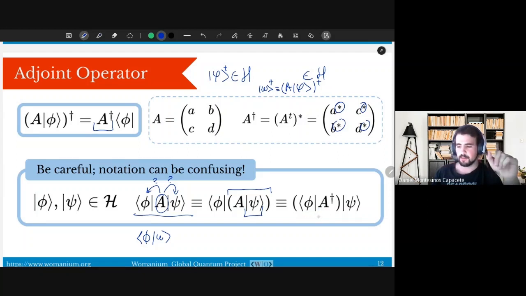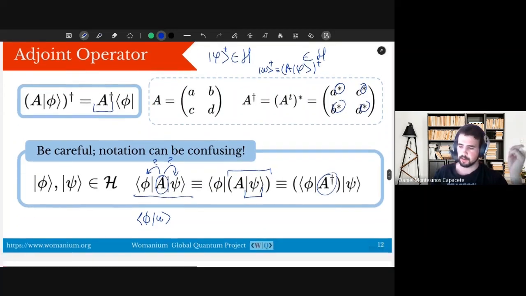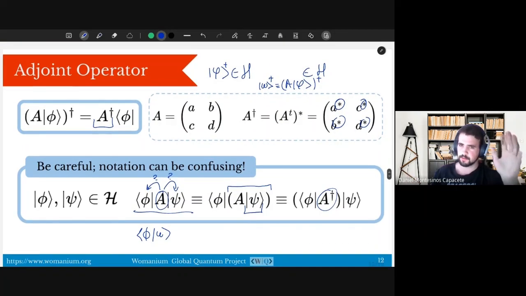But in this case, you won't be acting with A, you will be acting with the corresponding adjoint operator. I hope that's basically how it is in the notation. I don't feel like there is much to explain here. It's just important to understand that.